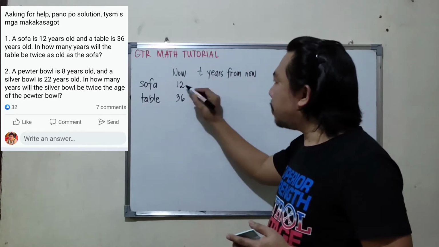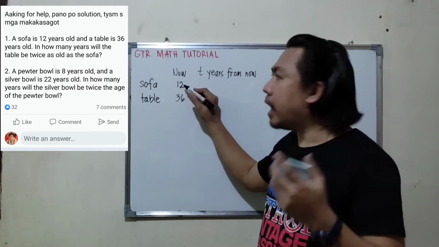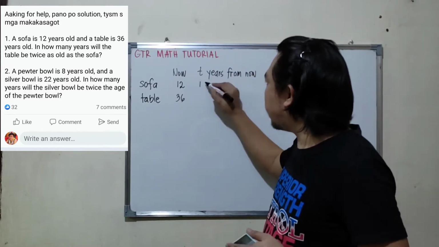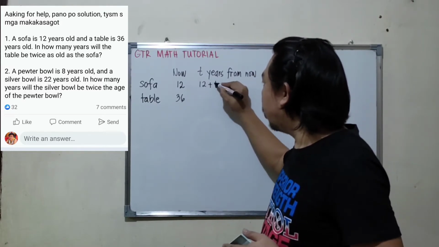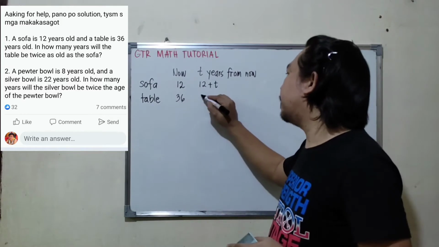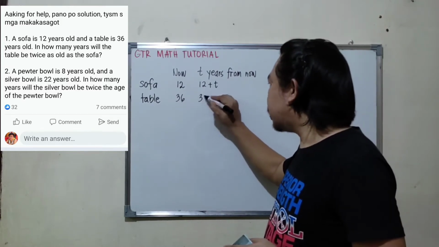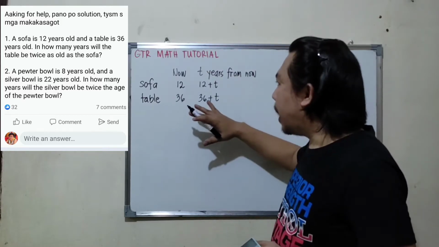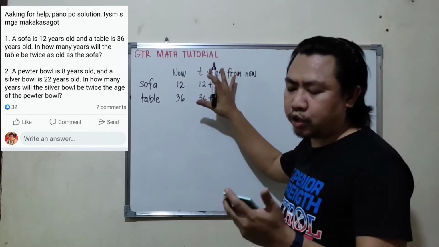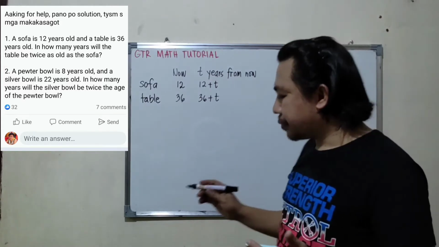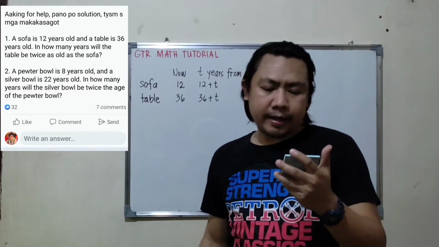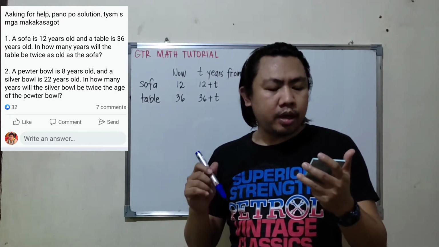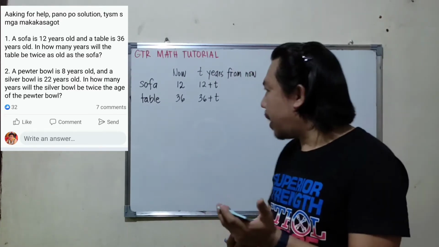So t years from now, syempre yung 12 madadagdagan ng t. So we have, ang expression natin sa t years from now is 12 plus t, or t plus 12 pag binaligtad natin. Then for table is 36 plus t. So dito sa column na to tayo gagawa ng expression. So base sa ating question, in how many years will the table be twice as old as the sofa?